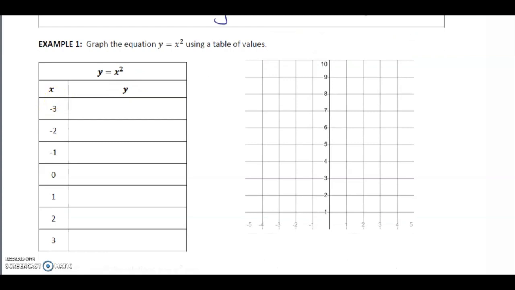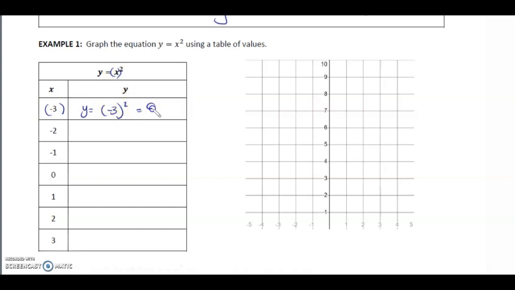Okay, so the graph, example 1, graph the equation y equals x squared using a table of values. So as a recall, when we're graphing y equals x squared, what we do is we sub in the x to exactly where the x is in the equation.